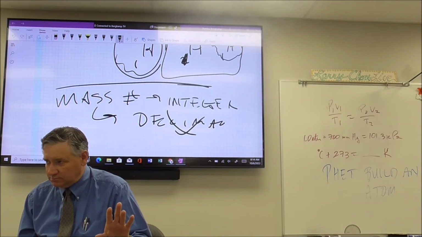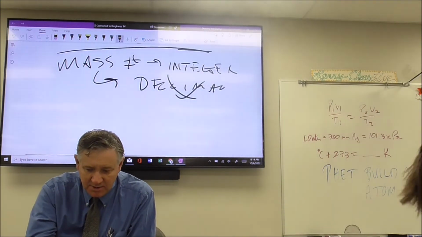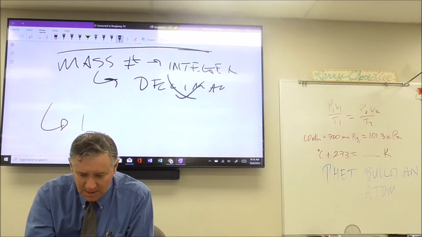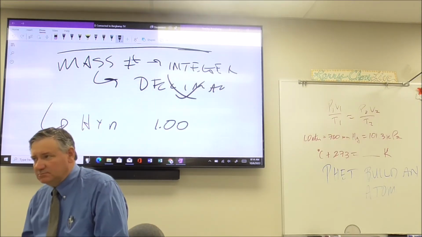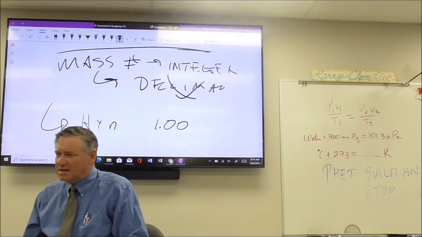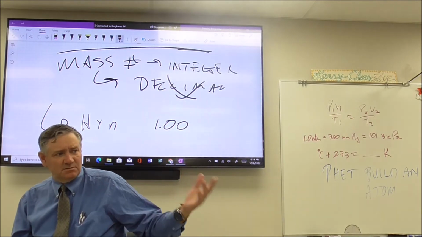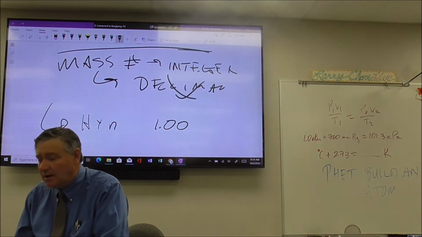Yes and no. Okay? And here's the reason why. So this is what we talked about. You looked at hydrogen, and the relative atomic mass of hydrogen is 1.00. As Miles figured out, there's 3 different isotopes of hydrogen: hydrogen 1, deuterium, tritium.